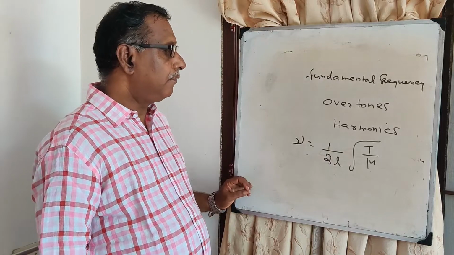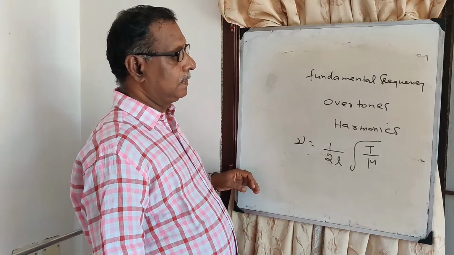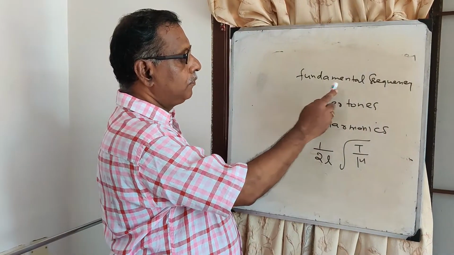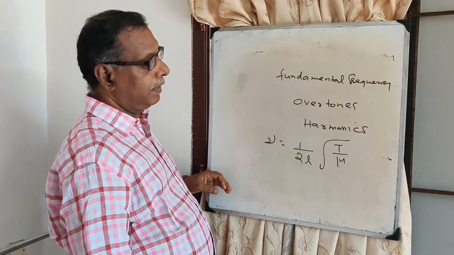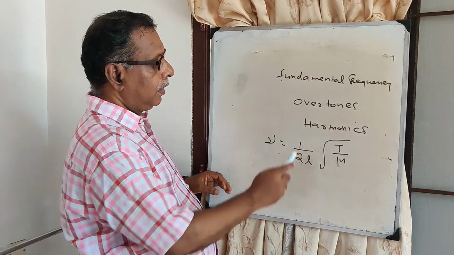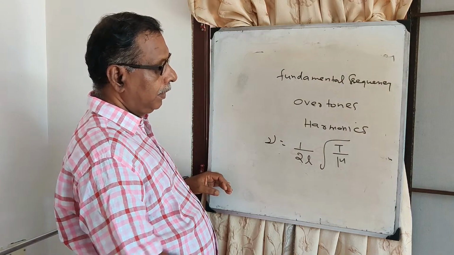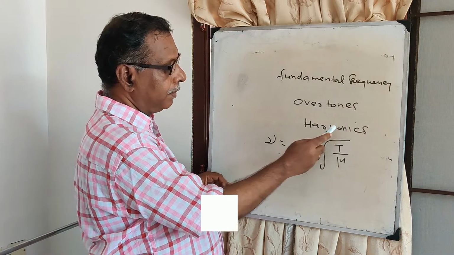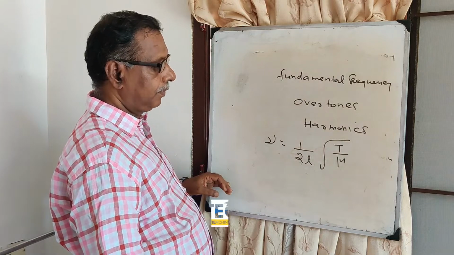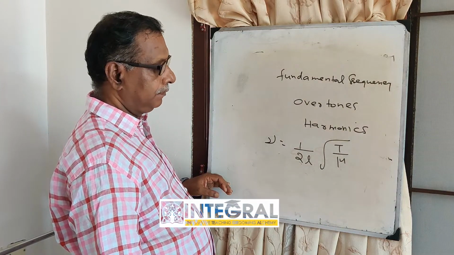A string can vibrate with different frequencies. The lowest frequency is called fundamental frequency. Higher frequencies are called overtones. If the overtones are integral multiples of the fundamental, they are called harmonics.